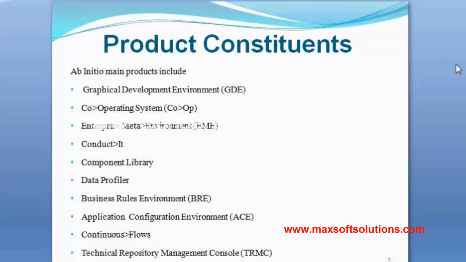In your graph all the individual boxes are components, but in your plan all the individual boxes are graphs or scripts. So you can directly run three or more graphs sequentially using plans. The whole setup is known as Conduct IT.